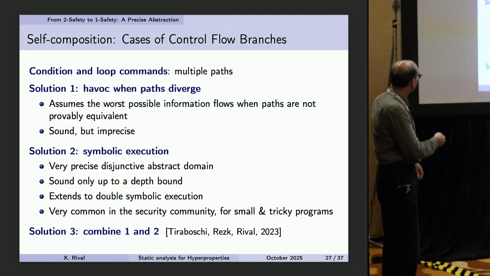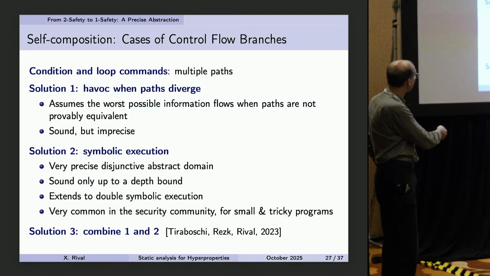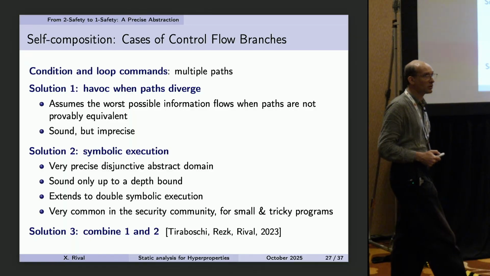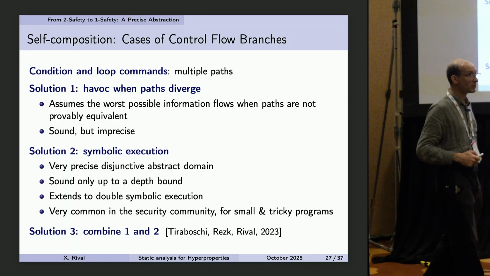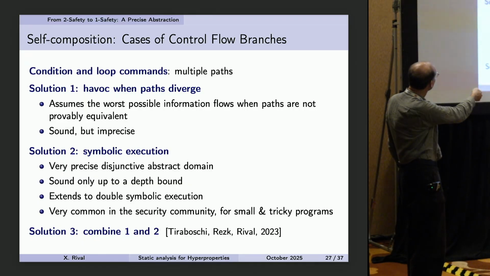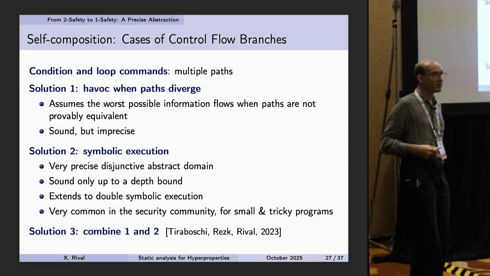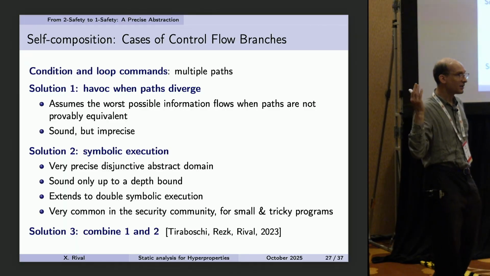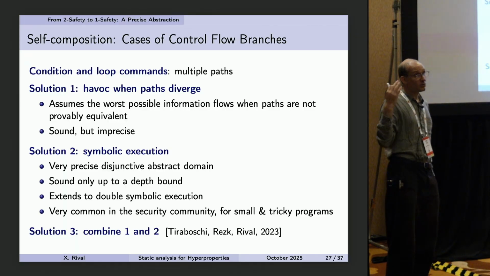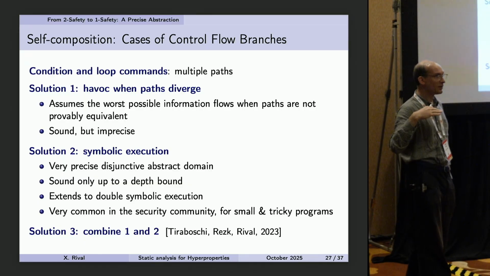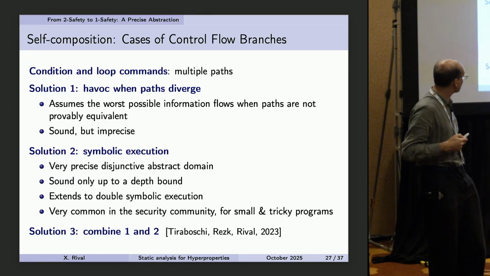Of course, this is not going to work well if you have loops, because you cannot do symbolic execution there. So in this case, you can go back to solution 1: beyond the bound you halve the state, which is only sound with respect to executions below that bound, so it isn't sound with respect to all executions.